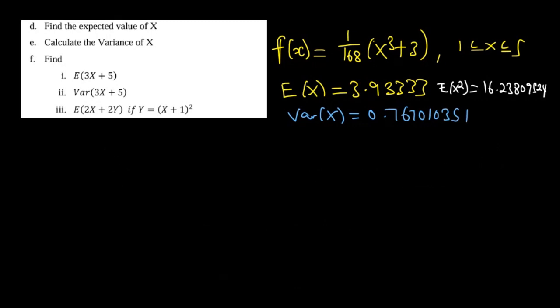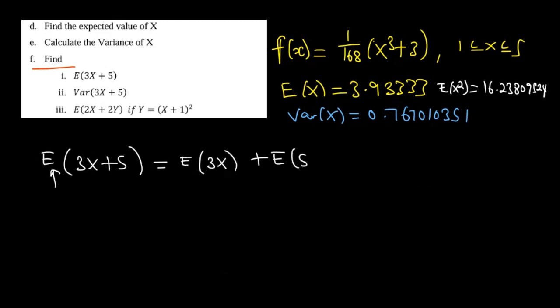And then the next one now will just be using a linear relationship of this expected value as well as the variance. So you can see here on f, they're saying find the expected value of 3x plus 5. So we're going to distribute this expected value. So it will be the expected value of 3x plus the expected value of 5.